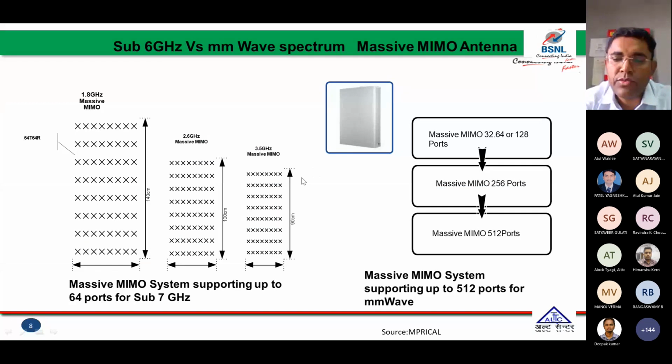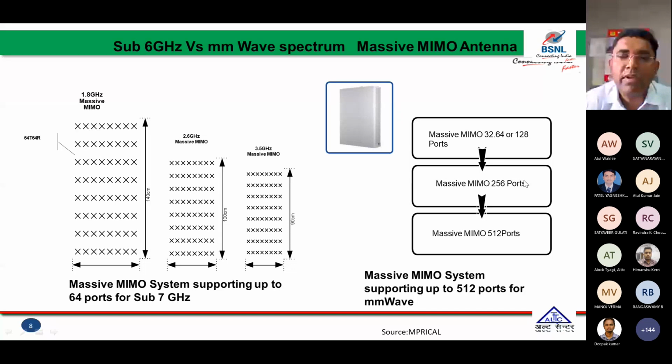This slide shows massive MIMO in sub 7 GHz, or we can say FR1 and FR2. What does 3GPP specify for FR1? It is the 64 port antenna, maximum 64 cross 64 MIMO is specified, and for millimeter wave you can see currently 512 ports are there. 32, 64, 128.